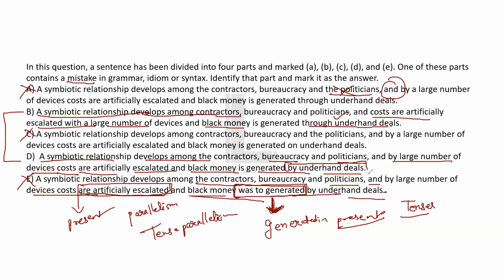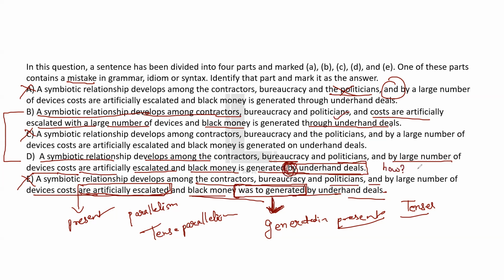What is this? Do you know the meaning of "by"? What is the use of "by"? So "by" says that it directly came from the underhand deals, the "how" aspect.